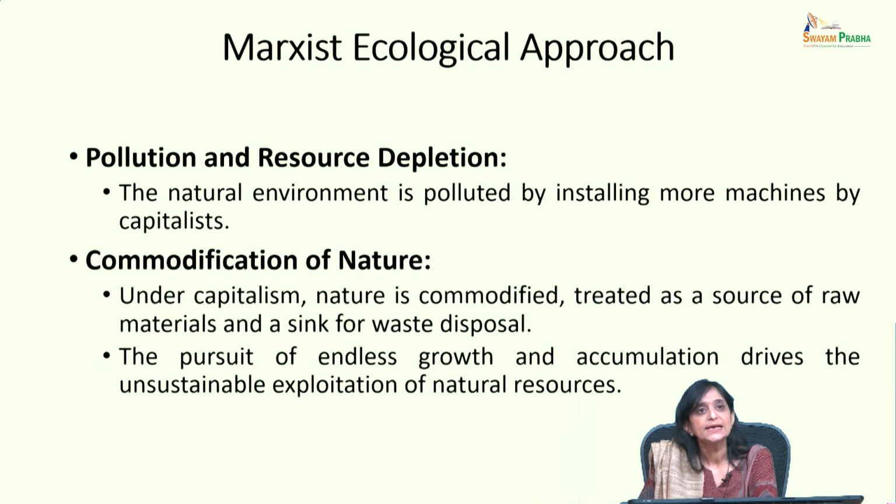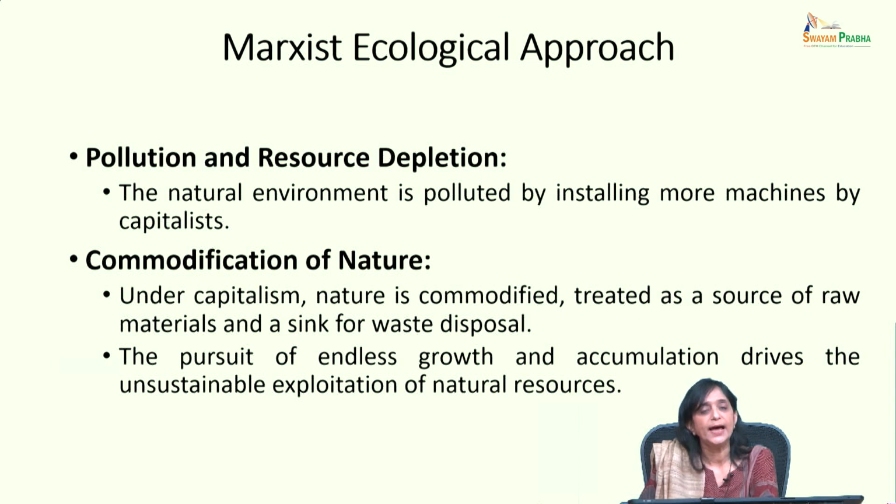Also, he says that under capitalism, it is not only labor which is being commodified, it is nature also which is being commodified. Why? Because nature is treated as a source of raw material. That is, we are taking raw materials for the purpose of production.